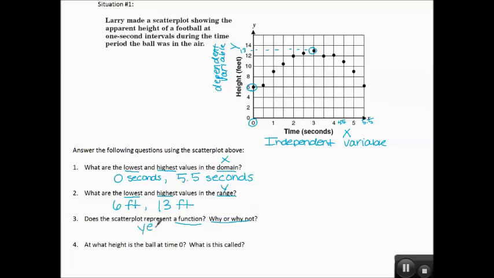Yes. Why? Because it passes the vertical line test. But also, the ball is only at one height at each point in time. That's what this means in the context of our problem.